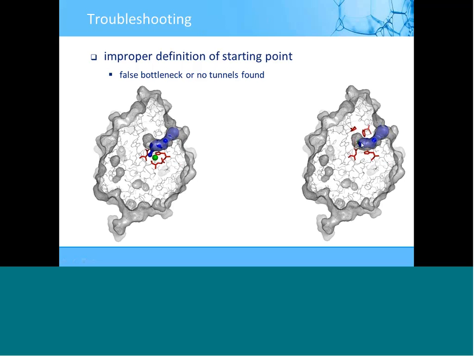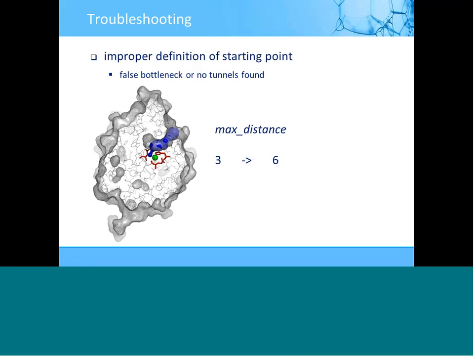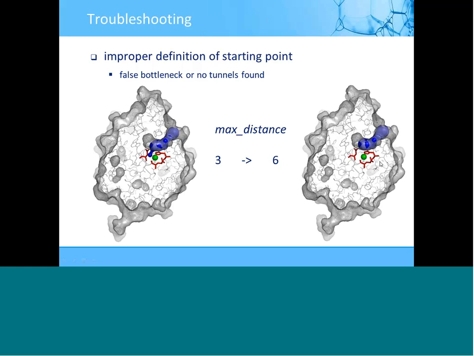Or the second solution would be to increase the maximal distance for the optimization. In this case, from 3 to 6 angstroms, and that would allow the optimization to find very similar starting points to this proper manual setting. However, this second approach, increasing the max distance, could be a source of other possible errors.